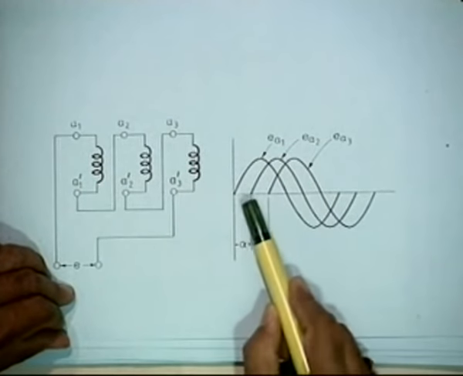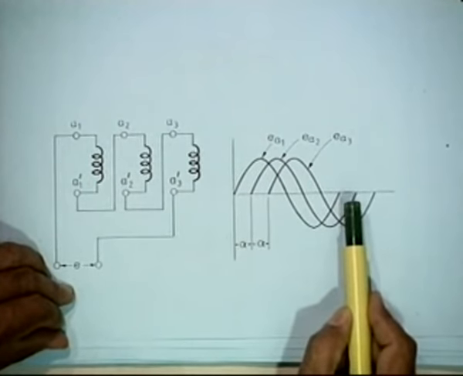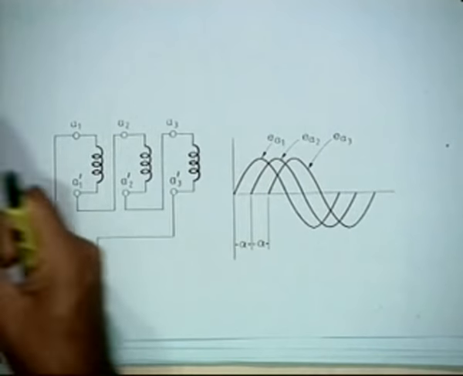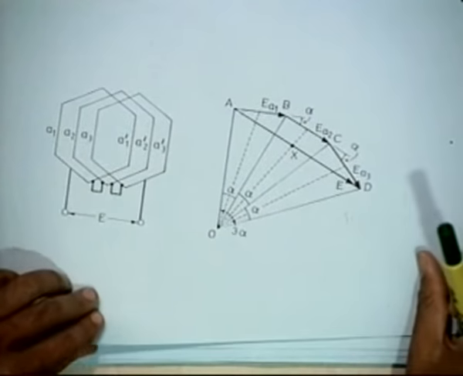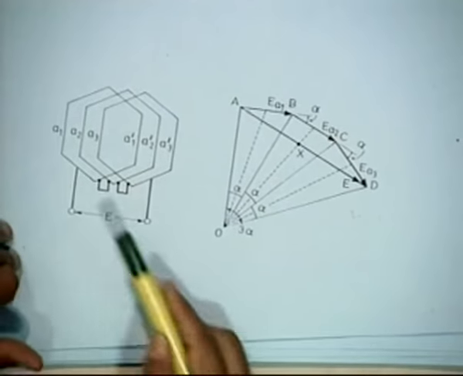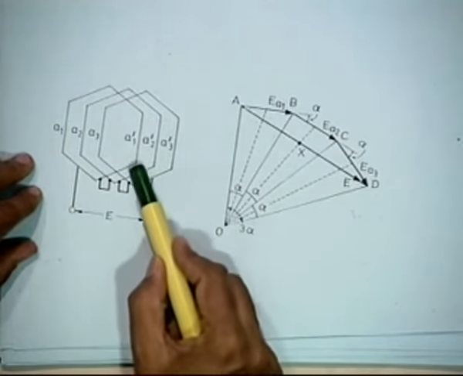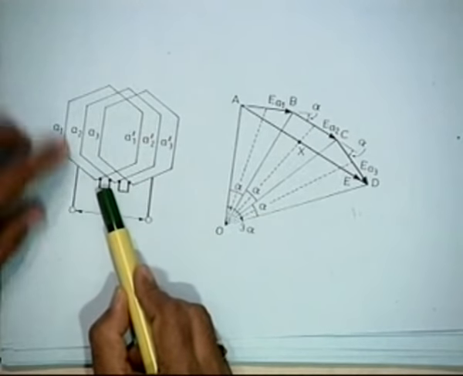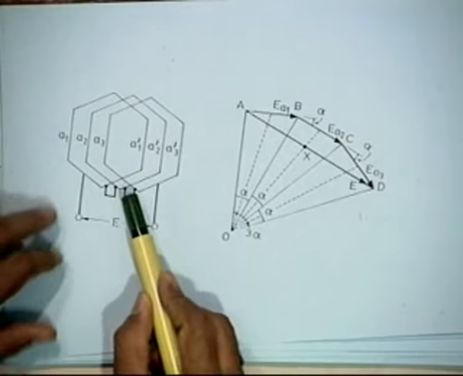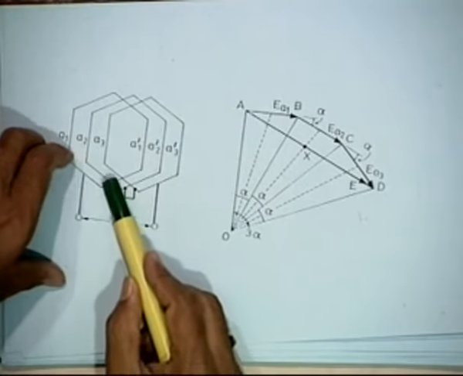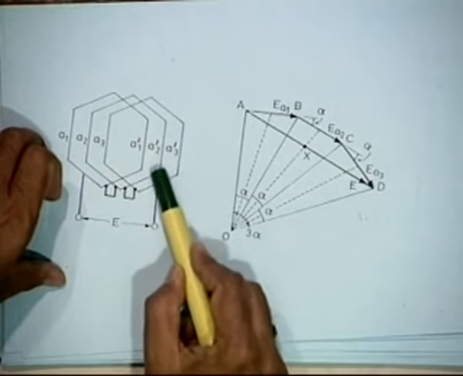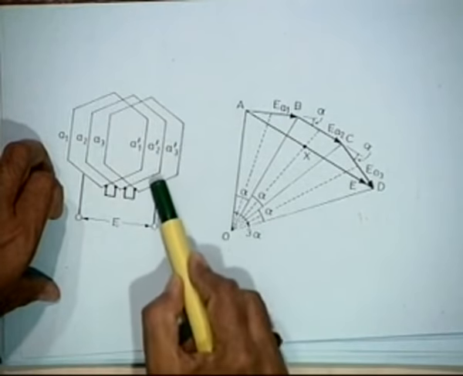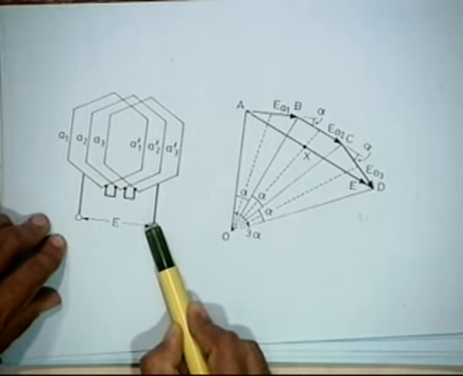There are 3 voltages at an angle alpha, and you can show it like this, because A1 dash voltage you are connected, then at the end of that coil you connect to A2, it goes through A2, then comes to A2 dash, and goes through A3 and comes through A3 dash and comes out as a terminal.